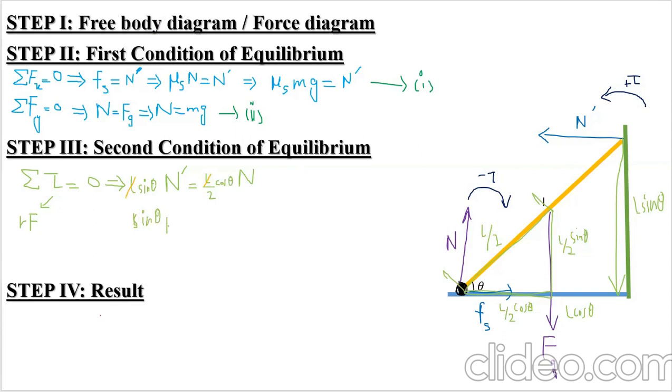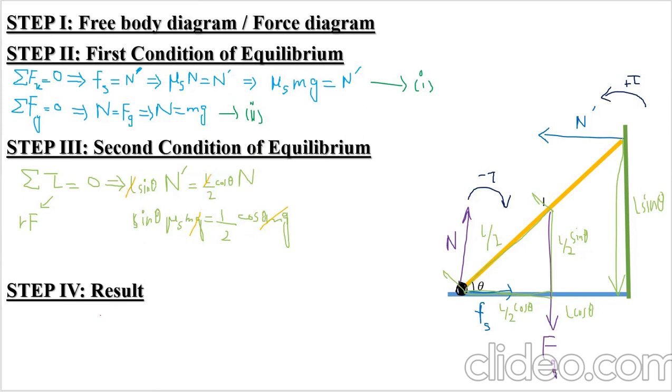From equation 1, n prime is mu s mg. And what is n from equation 2? N is mg. Now mg gets cancelled from both sides, and we are left with sine theta mu s is equal to 1 by 2 cos theta.